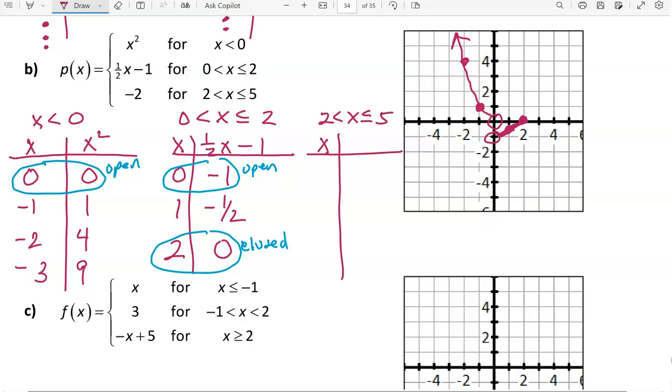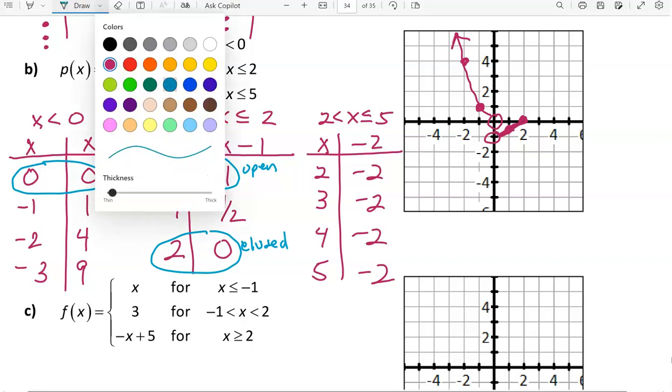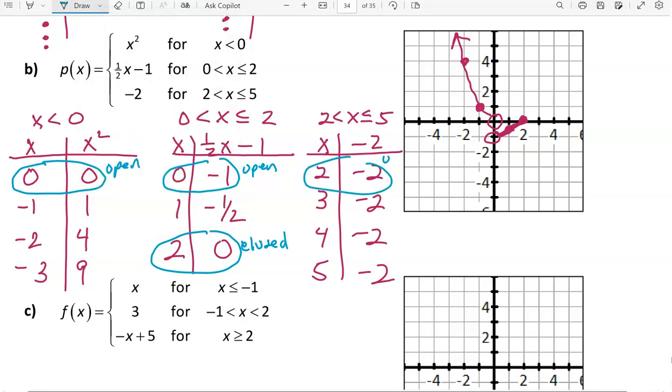We have our x values, and our y values will always be negative 2. So our x values range from 2 to 5, 2, 3, 4, 5, and the y values are always negative 2. So 2, negative 2, and that one is not included, so that's again an open circle. 5, negative 2, that would be our other endpoint, will be closed because x equals 5 is included in that interval.